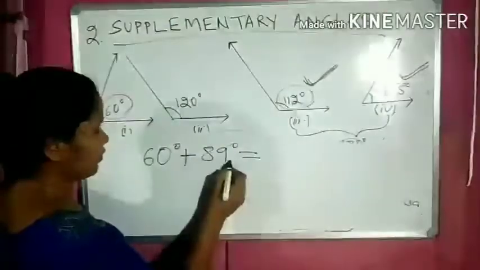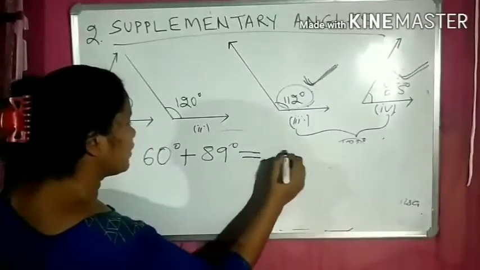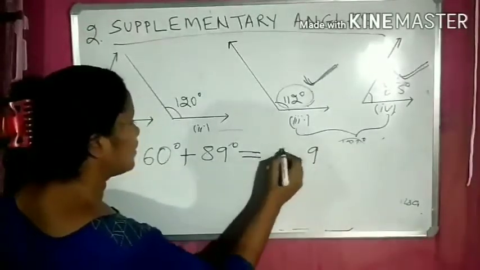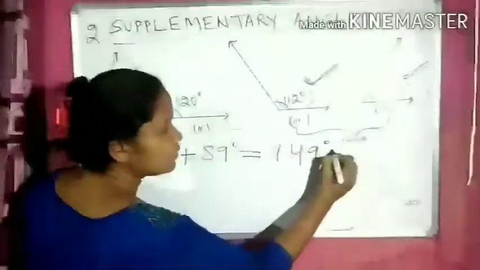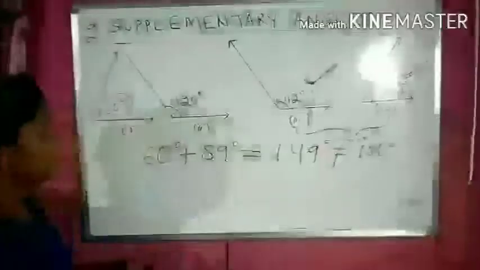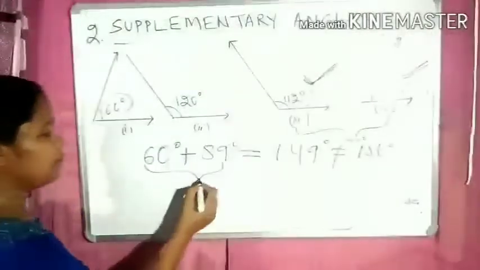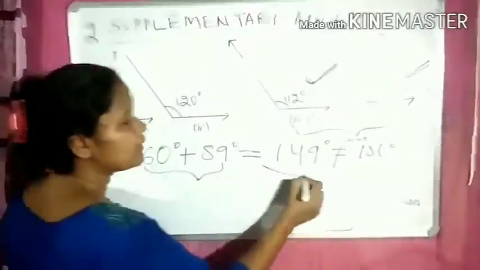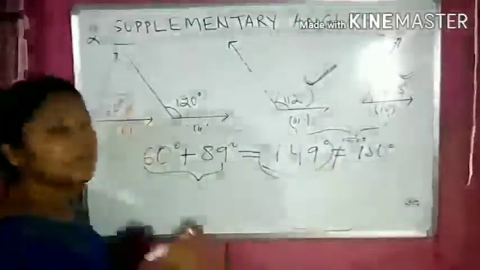I am getting 149 degrees. So this is not equal to 180 degrees. So these two angles are acute angles, but the sum of these two acute angles is not equal to 180 degrees.